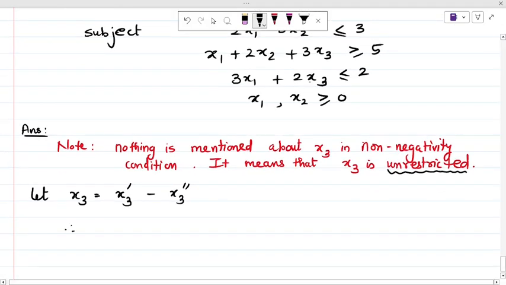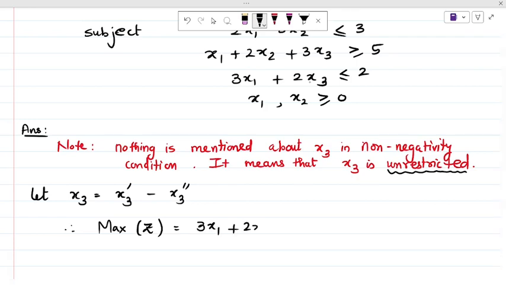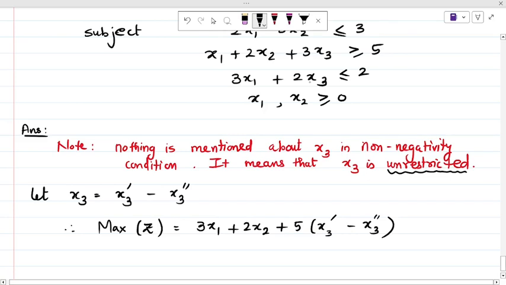Therefore max z will be 3x1 plus 2x2 plus 5 times x3 dash minus x3 double dash. That will happen, okay.